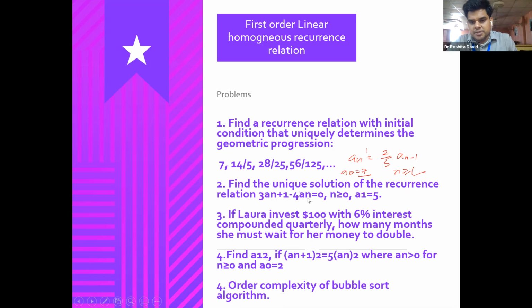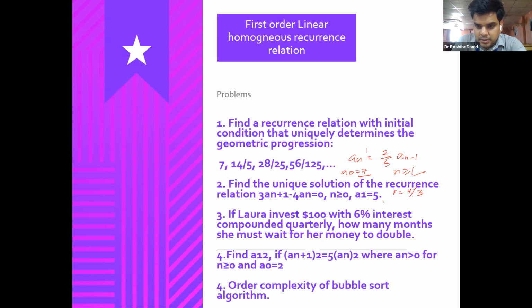So what about an plus 1 upon an if I find? An plus 1 upon an is going to be 4 by 3. So they're asking about the unique solution. You know the unique solution. So here r is 4 by 3.